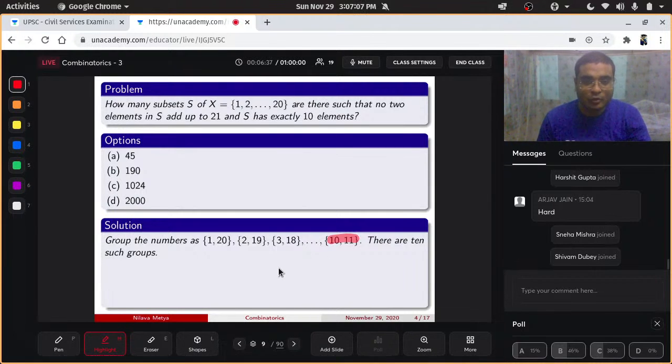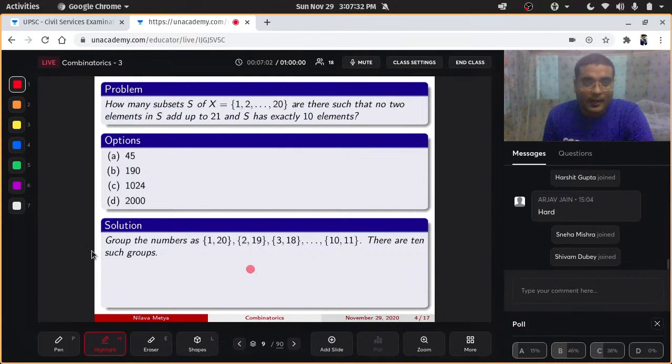How am I making the groups? I'm taking the first and the last, the second number and the second last number, and so on. And you can see that this 21 doesn't come out of the blue. 21 is just one more than 20, which is the largest number. So 1 and 20 add up to 21, 2 and 19 add up to 21, and so on.